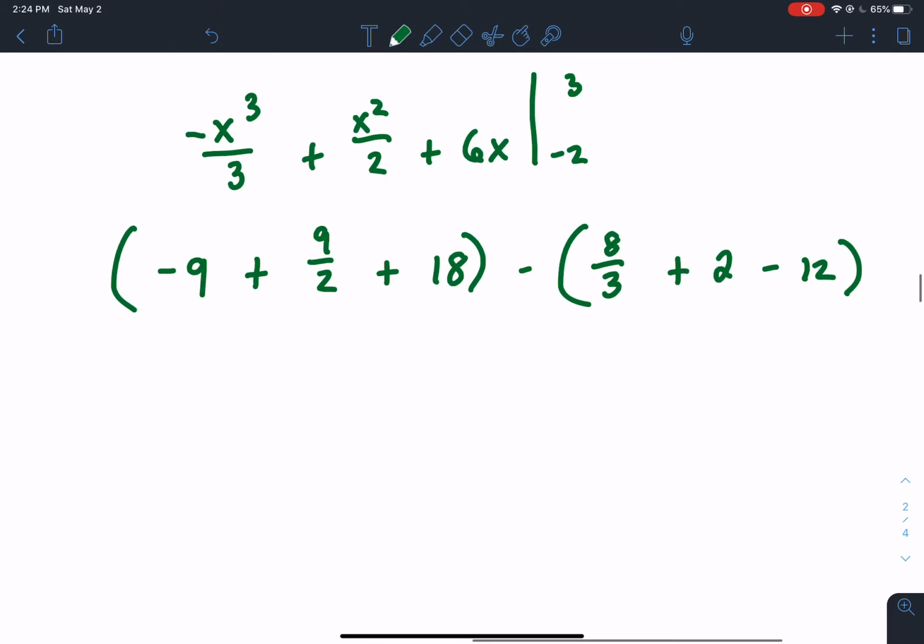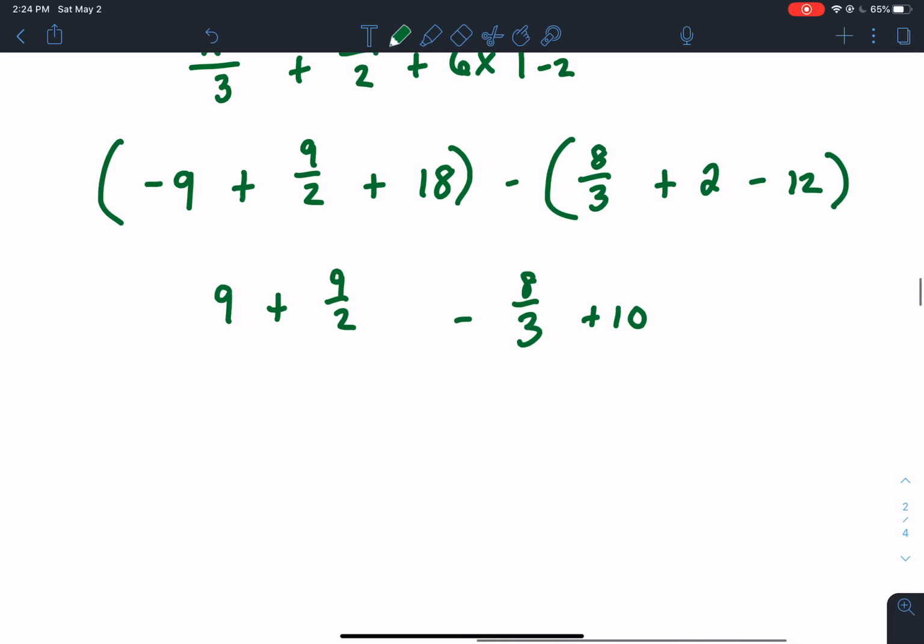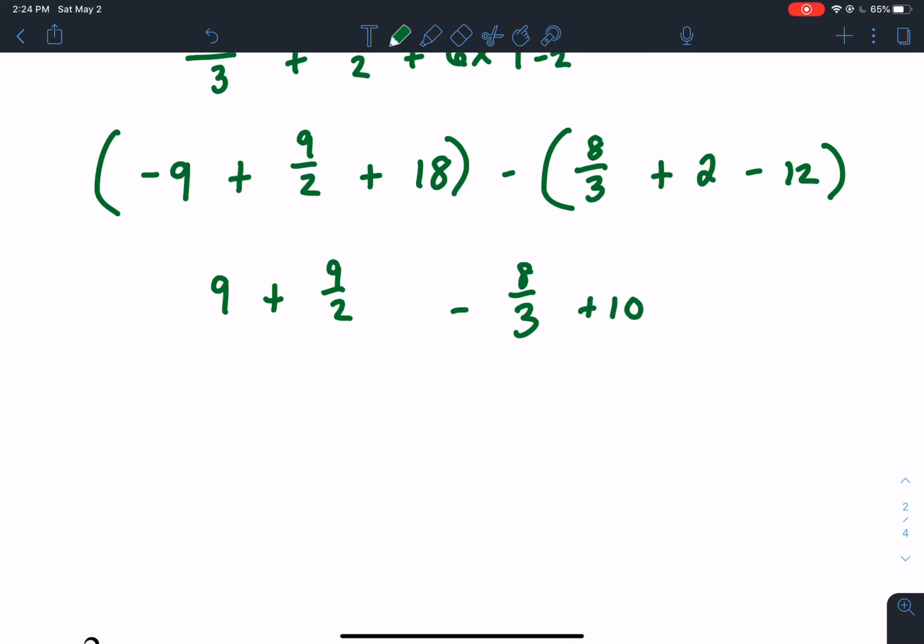Okay, so if I simplify now, I got 9 plus 9 over 2 minus 8/3, and then 2 and negative 12 is negative 10, times the negative out front is plus 10. Okay, so this gives me 19 plus 9 over 2 minus 8/3.